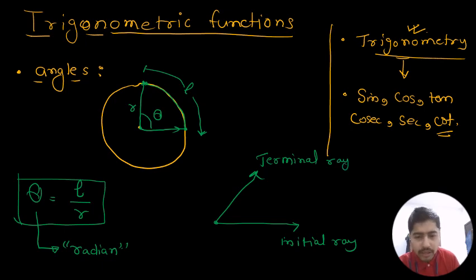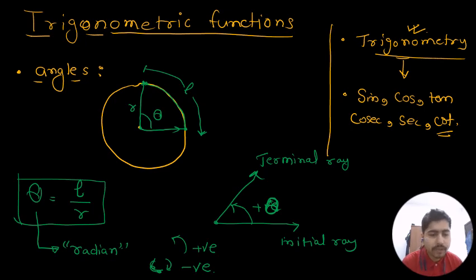To measure the angle we move in the anti-clockwise direction, and this anti-clockwise angle is considered positive. This inclination between the initial ray and the terminal ray is called the angle. So anti-clockwise movement gives a positive angle, while clockwise movement gives a negative angle.